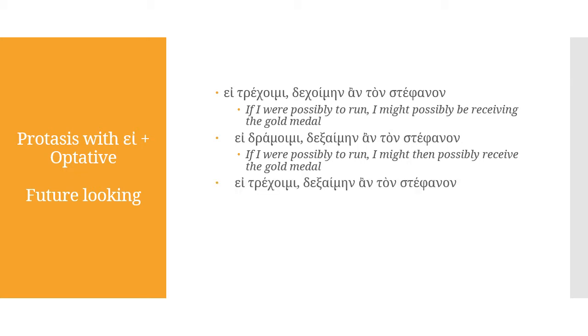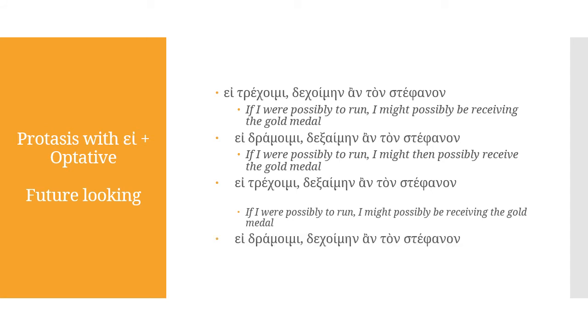Ei trechoimi, dexaimen an ton stephanon: if I were possibly to run, I might possibly be receiving the gold medal. Ei dramoimi, dechoimen an ton stephanon: if I were possibly to run, I might then possibly receive the gold medal. So the insertion of the "then" there is to highlight that sequentiality, and it depends upon ei dramoimi. It doesn't depend upon dexaimen versus dechoimen in the apodosis.